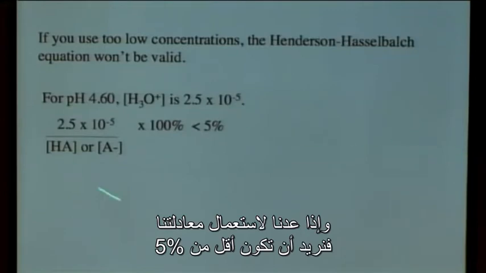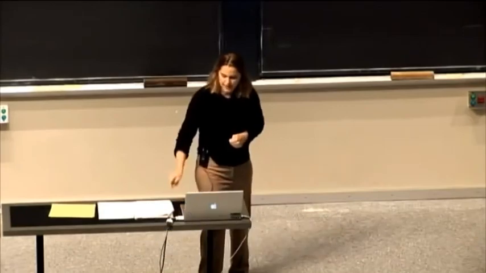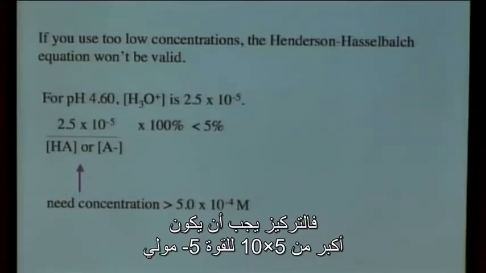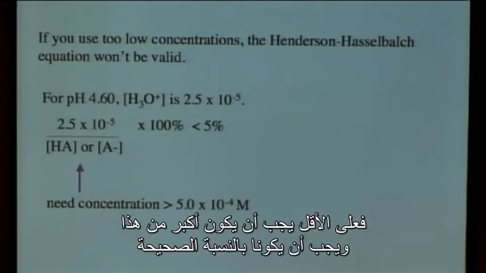If we work our equation backwards, we want to be less than 5%. So we have this over the concentration of either one of those times 100% gives you 5%. So the concentrations need to be greater than 5 times 10 to the minus 4 molar, or you won't meet this 5% rule. So at least greater than that, and they need to be in the right ratio.